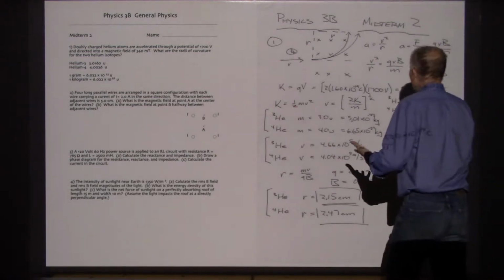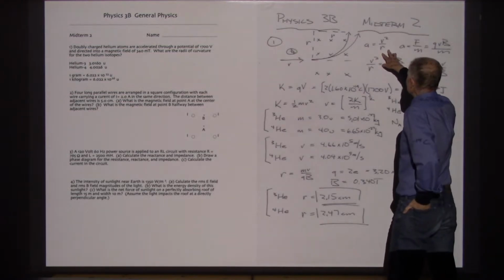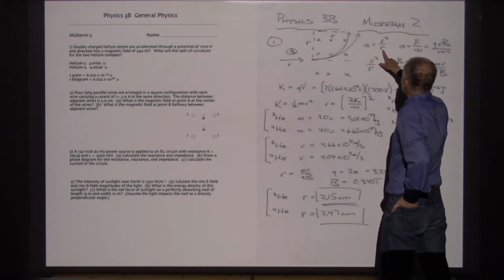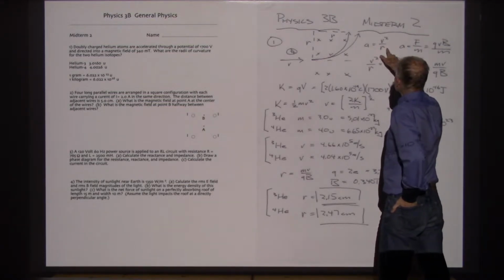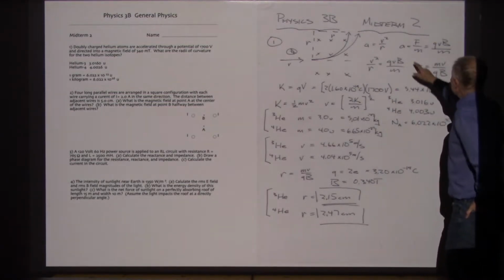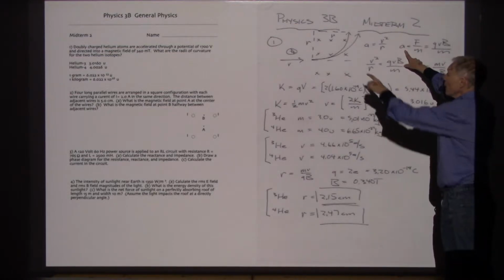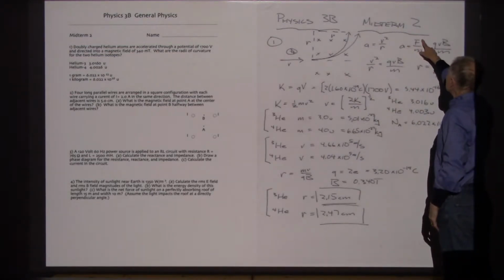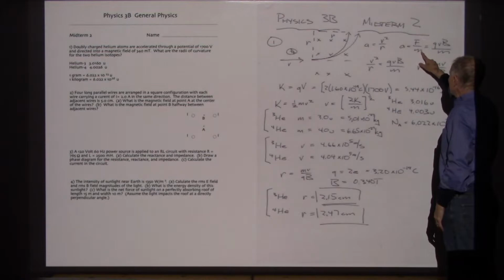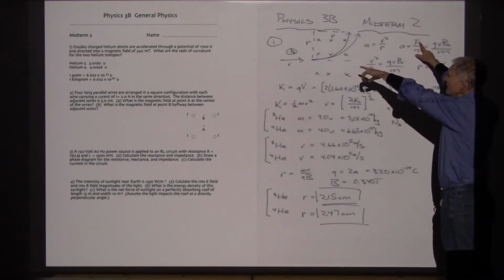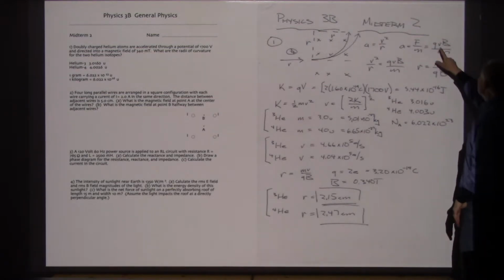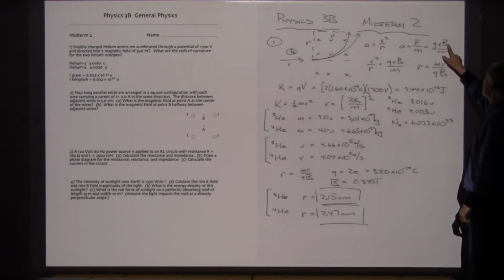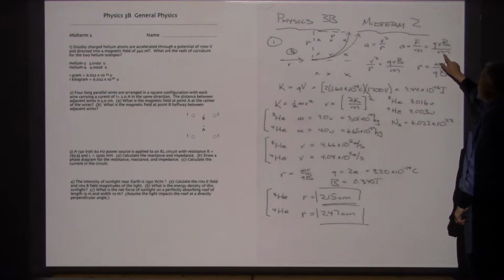So let's start writing down some stuff for circular motion. The circular motion formula is a = v squared over r. And then the acceleration of the charged particle is given by a force divided by its mass. The force acting on one of these charged particles in a magnetic field will be given by qvB. So that's qvB divided by m.